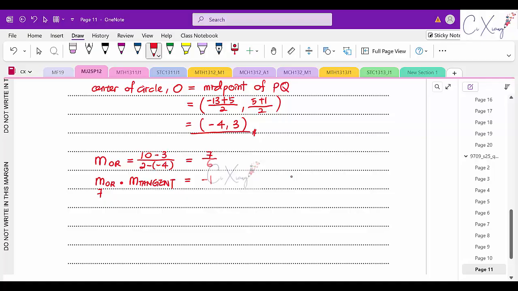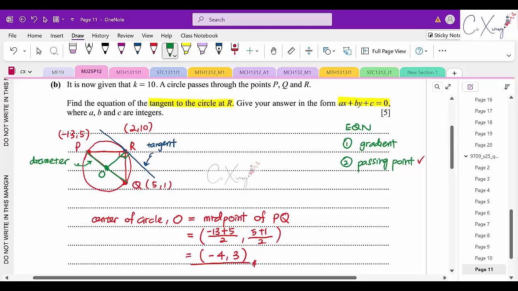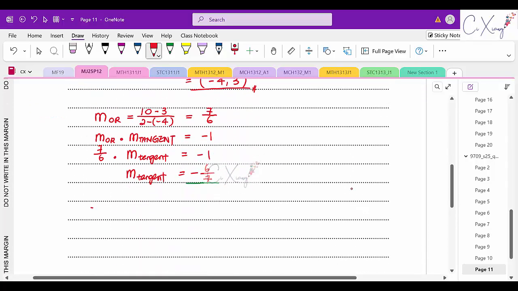So 7 over 6 multiplied by the gradient of the tangent is equal to negative 1. The gradient of the tangent should be negative 6 over 7. Here I have the gradient of the tangent and the passing point R (2, 10). Using these two pieces of information, we can form the equation of the tangent.